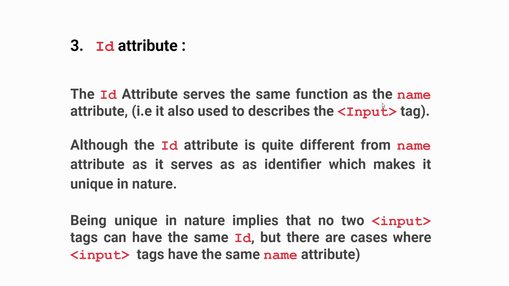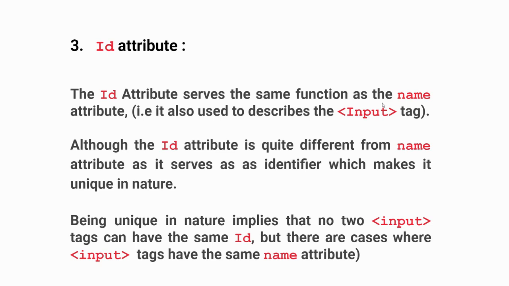Although the ID attribute is quite different from the name attribute, as it serves as an identifier which makes it unique in nature. Now, though the ID attribute and the name attribute might be similar, yet there are some very critical differences. The ID attribute within an input tag is meant to be unique. By being unique in nature, that implies that no two input tags can have the same ID.